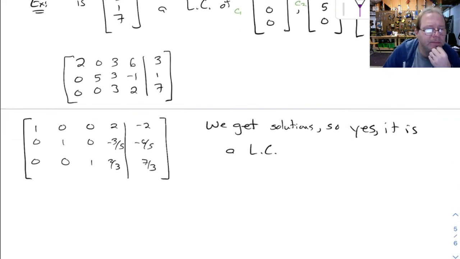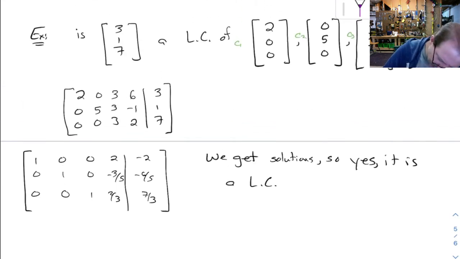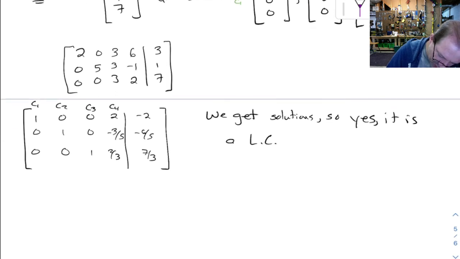Now let's think about this for a minute. Let's write it out. This is C1, C2, C3, and C4. We're going to get a general solution out of this. C1 is going to be negative 2 minus 2C4.